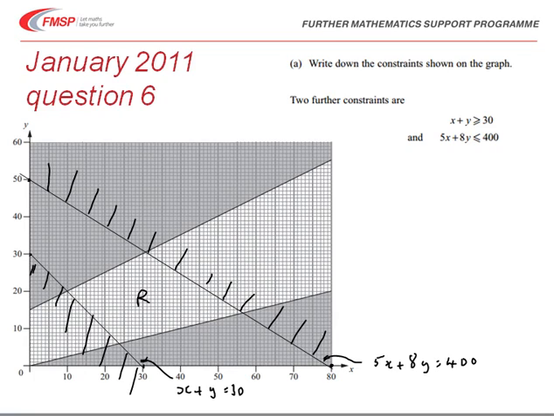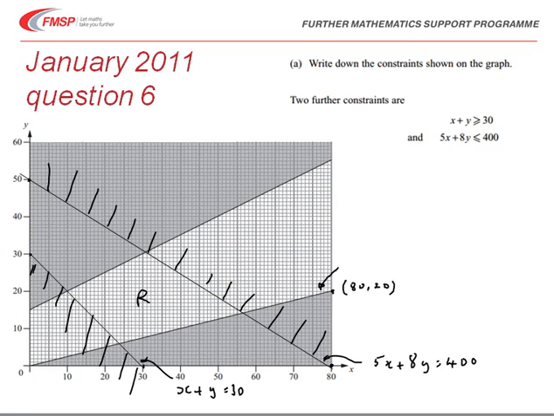Looking at the other two constraints that we were asked to write the equations for, the one which is going through the origin is just a straight line with a particular gradient. We can find the gradient by looking at a point on the graph, and it actually goes through the point here which is at 20 on the y-axis and 80 on the x-axis.